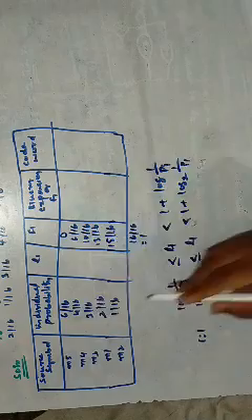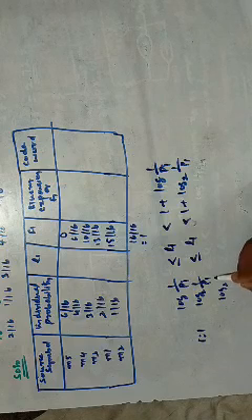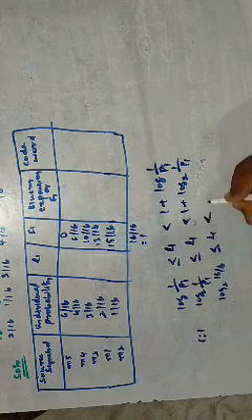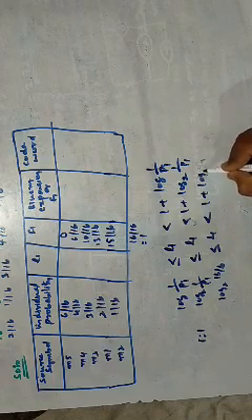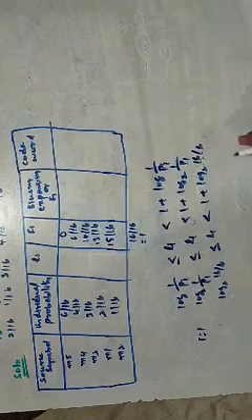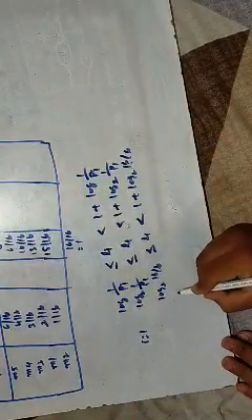What is P1? P1 is 6 by 16 here. I will directly write this as log 2 of 16 by 6 less than or equal to L1 less than 1 plus log 2 of 16 by 6. In the calculator, we don't have log base 2.